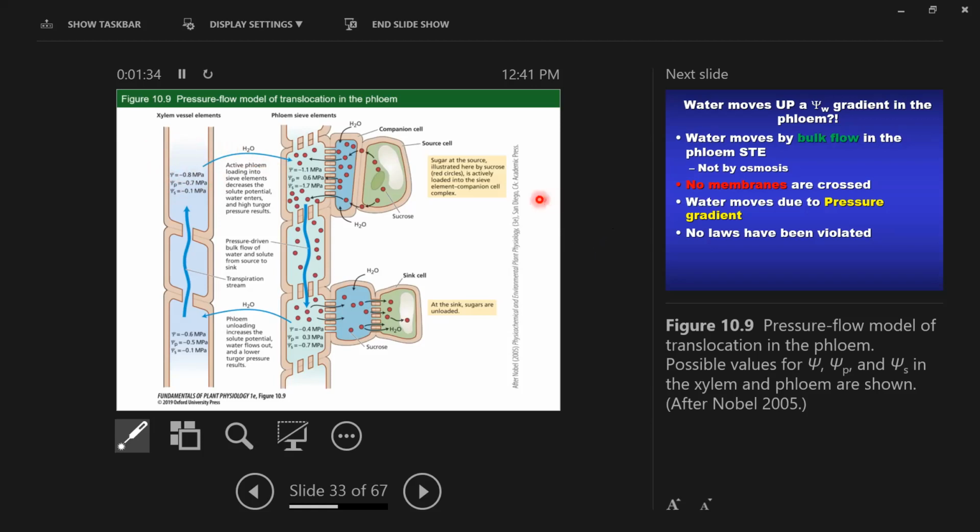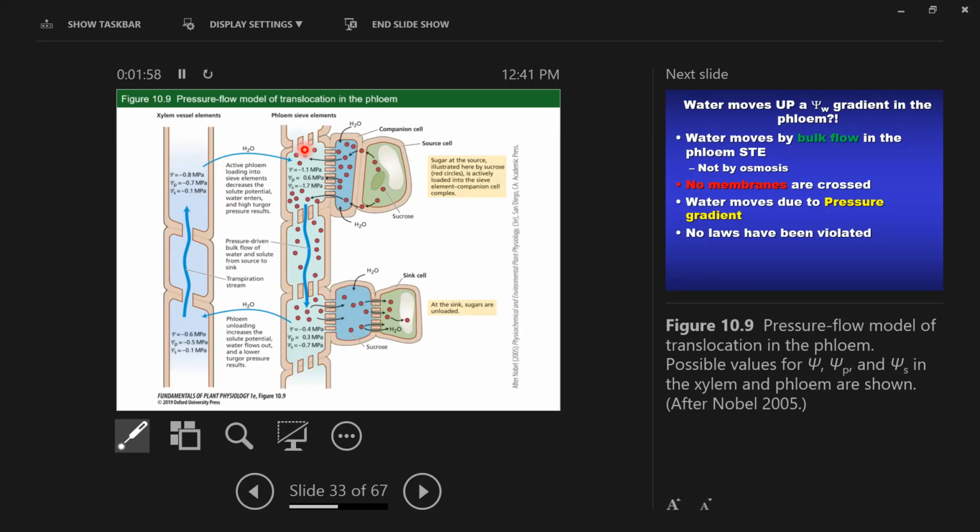Okay. All right, so because of all that sugar moving in, driving your psi sub S more negative, your overall water potential gets more negative than surrounding cells. So water rushes in. Now you've explained how psi sub P is starting to go up because you have turgor pressure developing in there now. So your psi sub P is going up, some positive number.